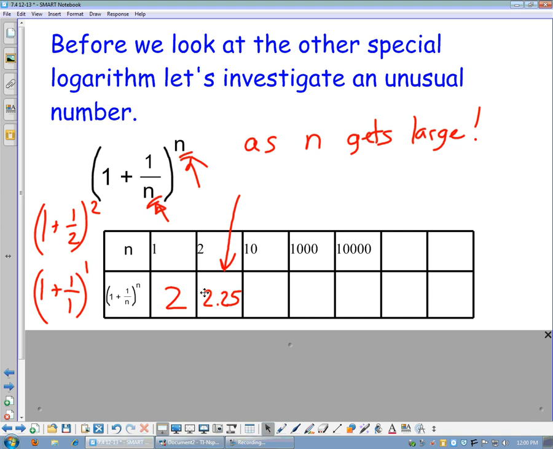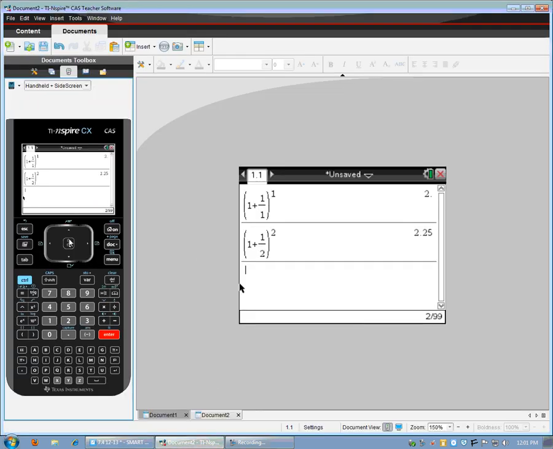Let's see what happens if we get our values bigger. So let's say now if we want to fill in tens for these n's, our answer is going to go in this column. So let's do that. Back to the calculator. Again, I'm just going to do up click twice, pop it over here, left click.